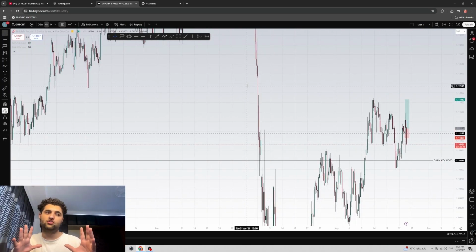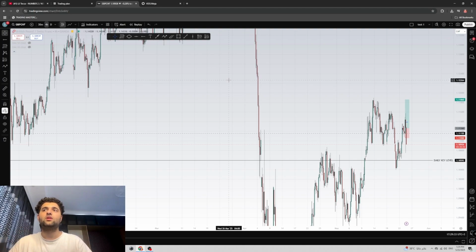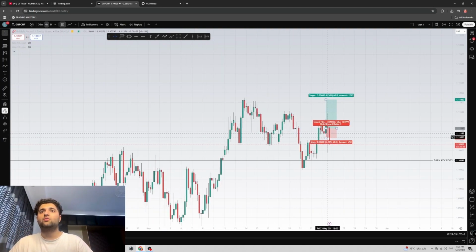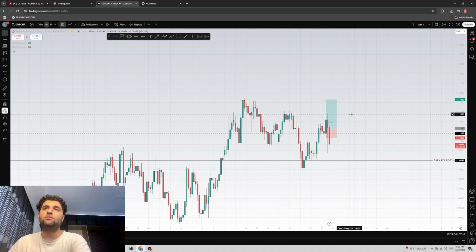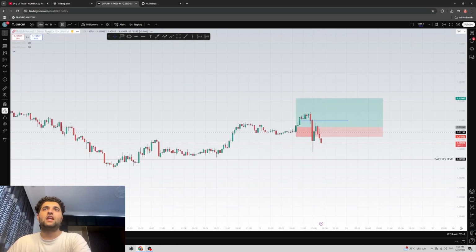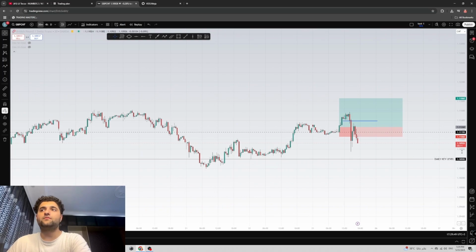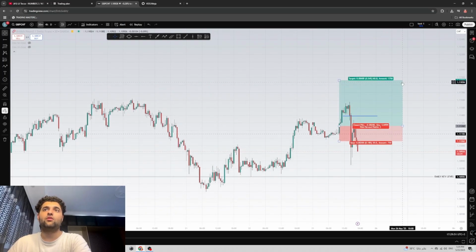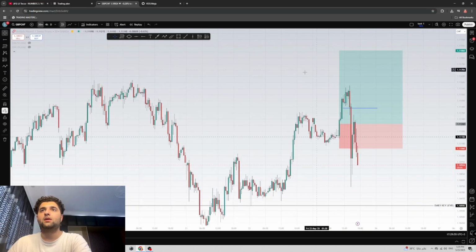However, we should keep in mind this is an old level, it might not hold, which ended up being a small movement to the upside and then tanking down. I scaled into the 30-minute time frame. We have all the confluences that we need to scale down.